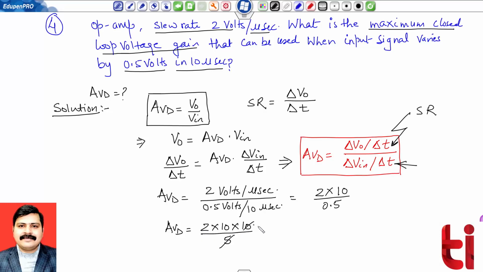So 5 is cancelled by 2, and AVD with this data is 40. So this is a very interesting numerical. The value of differential gain should be 40 in order to meet this relation.